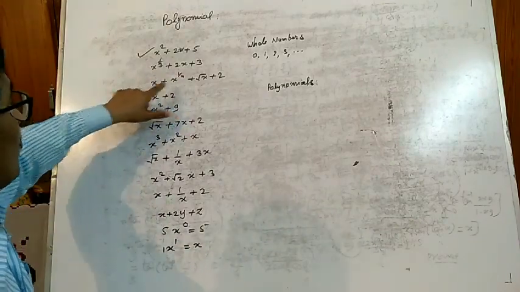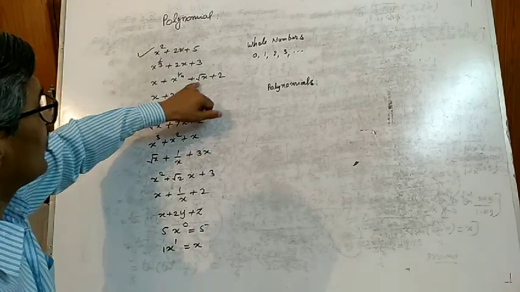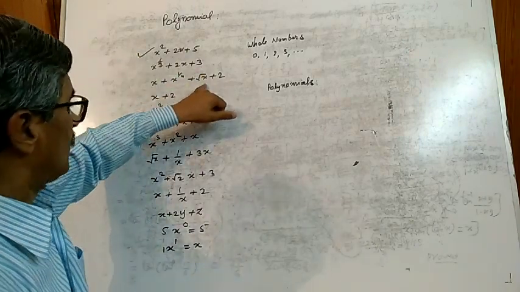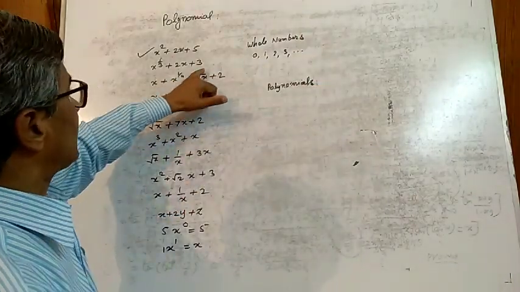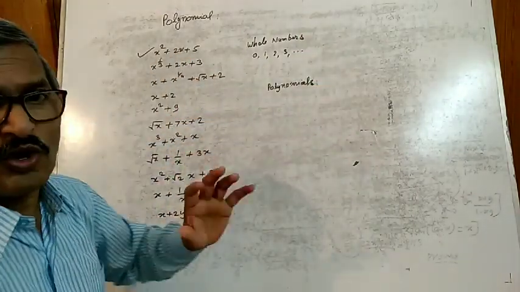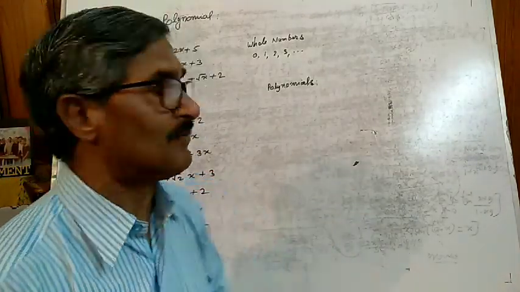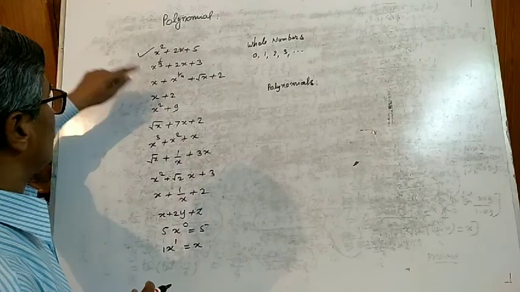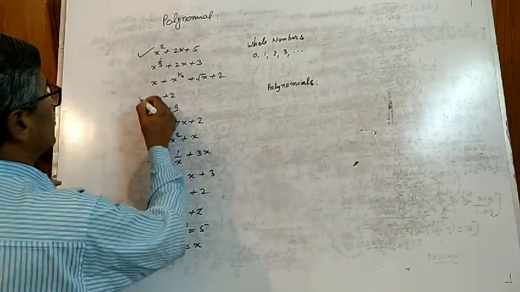Here again we find x power 1 by 4, and x power 1 by 2, because under root x means x power 1 by 2. So these are fractions, not whole numbers, as the exponent of x is not a whole number, so this is not a polynomial. Here x power 1 and x power 0, this is a polynomial.